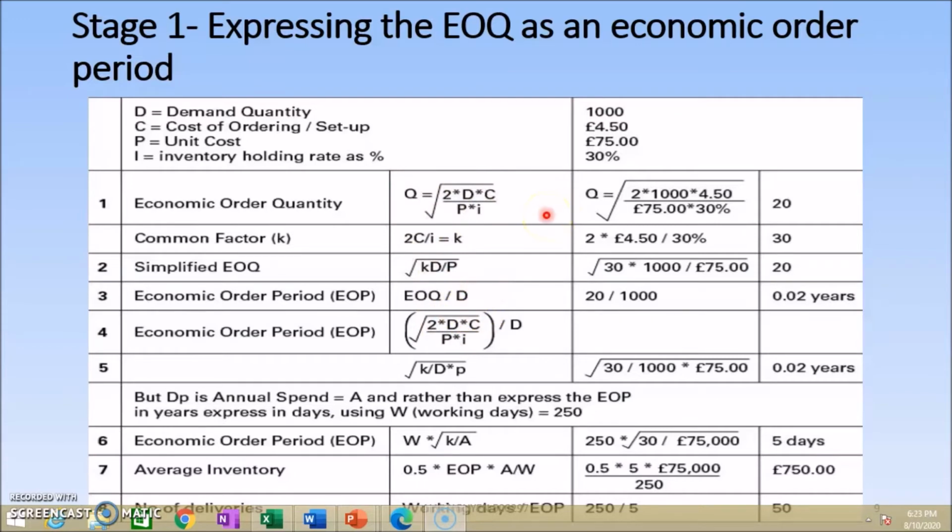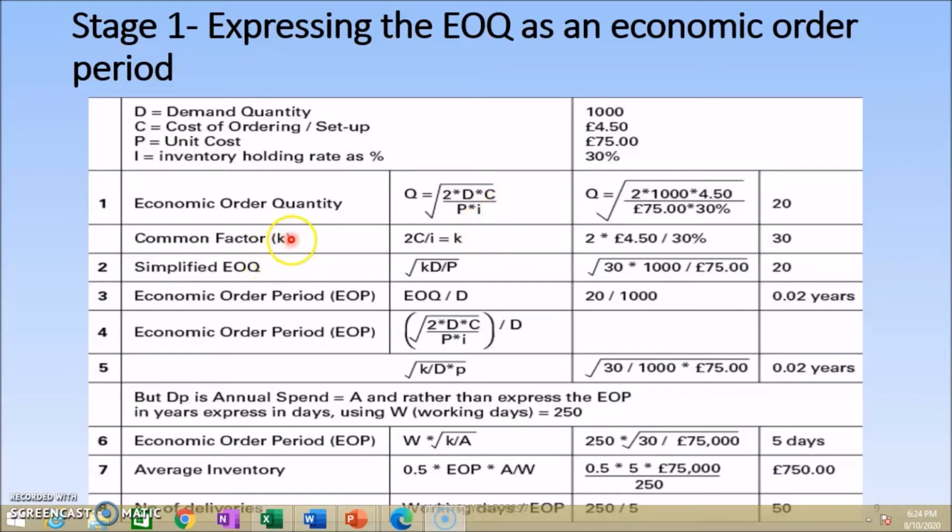To calculate the economic order quantity, we have the very classical formula here: the square root of 2 multiplied by demand quantity, multiplied by the cost of ordering or setup cost, and then divided by holding cost, which can be calculated by unit cost multiplied by inventory holding rate.